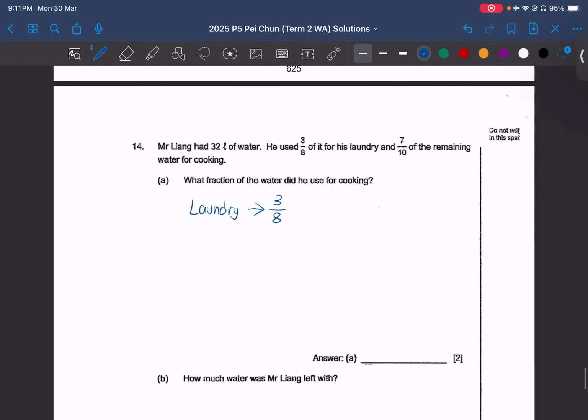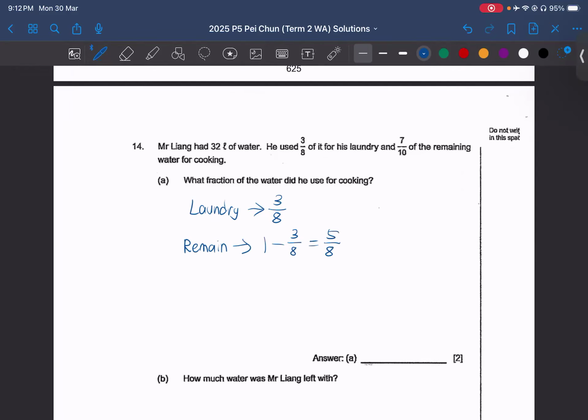And what fraction will he be left with after he used 3 over 8 for the laundry? So what he remained would be 1 whole minus how much he used for laundry, which is 3 over 8. This will give me 5 out of 8. In this case, he used 7 out of 10 of the remaining water for cooking.